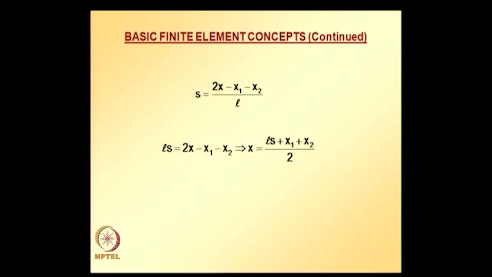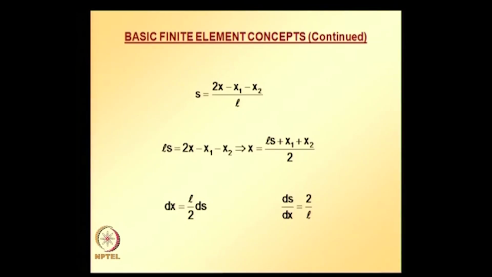And taking derivative of this on both sides, results in dx is equal to L over 2 times ds, which can be rearranged in the manner ds over dx is equal to 2 over L. The inverse relation, that is dx over ds, derivative of x with respect to s, is called Jacobian.